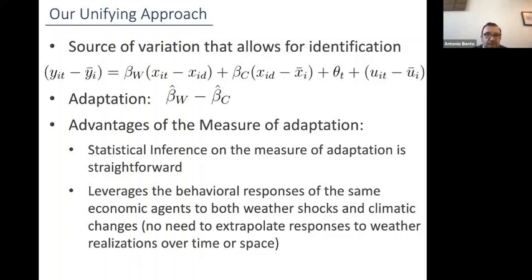And so I actually think that this is an important feature of thinking of the problem this way. For example, if there are unobserved differences in preferences of individuals, either across time or across space, that problem would be overcome by this approach.